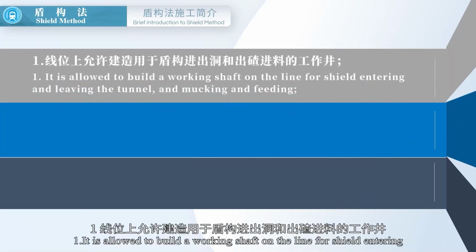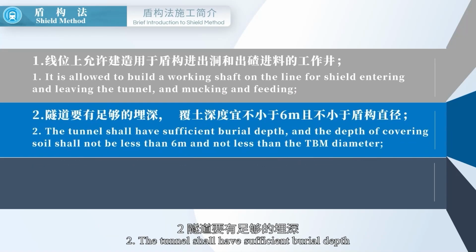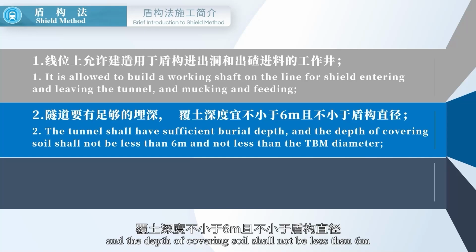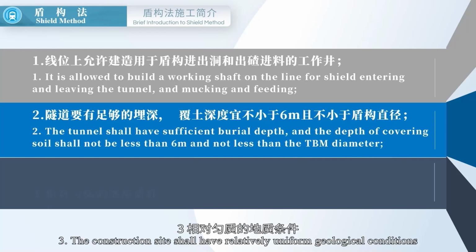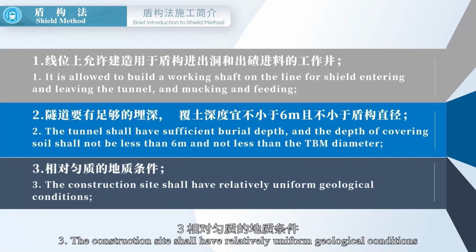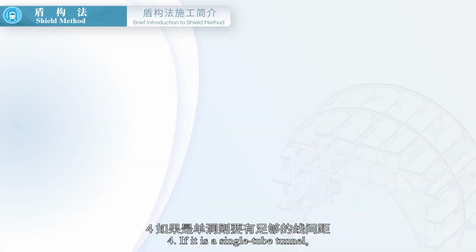1. It is allowed to build a working shaft on the line for shield entering and leaving the tunnel, and mucking and feeding. 2. The tunnel shall have sufficient burial depth, and the depth of covering soil shall not be less than 6 m and not less than the TBM diameter. 3. The construction site shall have relatively uniform geological conditions. 4.